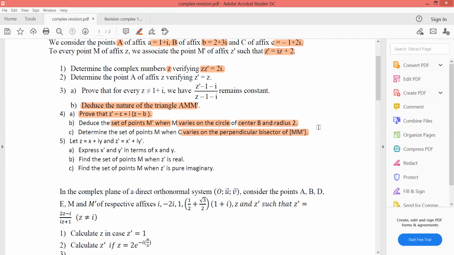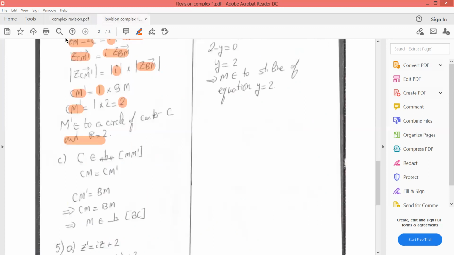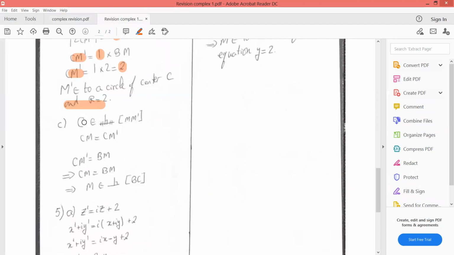Okay, so how do we find the set of points? We use the modulus. We take this relation, which is related to part A. So I write C belongs to the perpendicular bisector of MM prime, meaning CM equals CM prime.